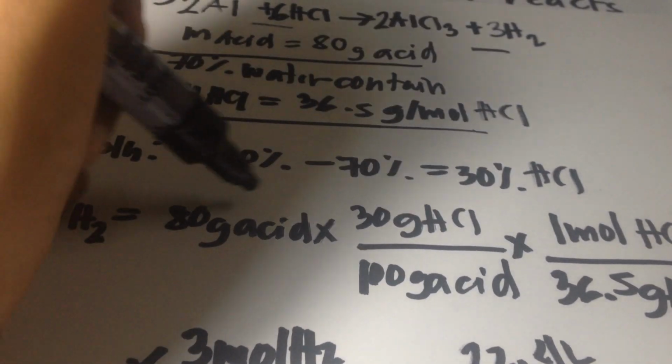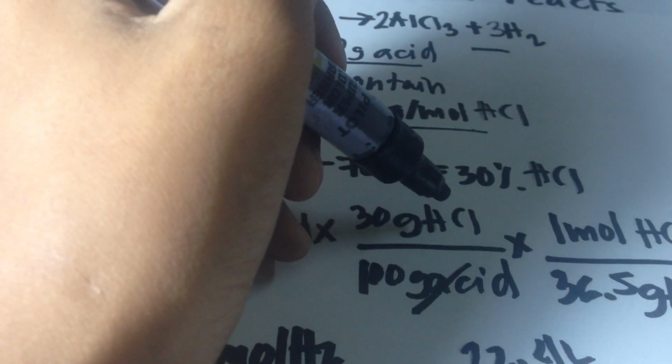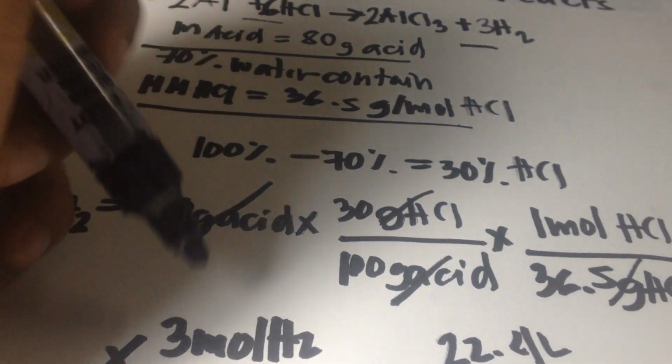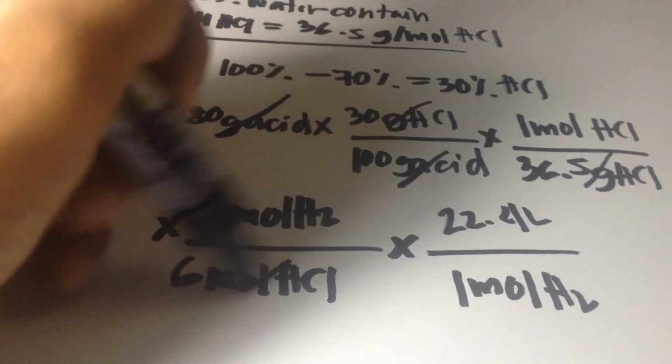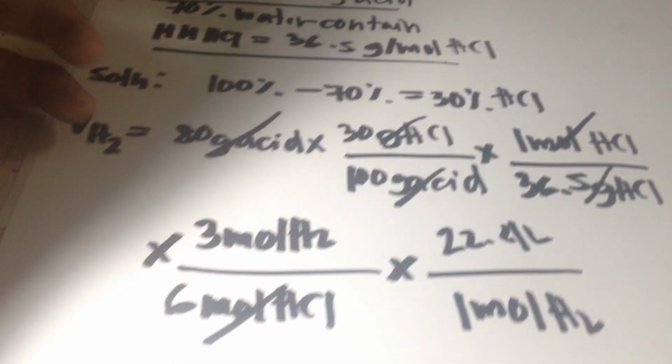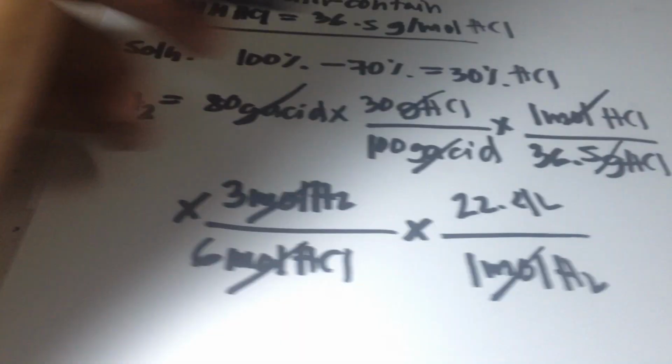And then you cancel the grams of acid, the grams of HCl, the moles of HCl, and the moles of hydrogen gas, and what is left is the liters of hydrogen gas.